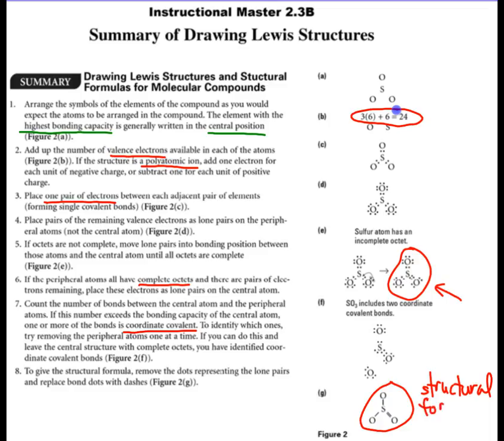So the structural formula is shown here with 4 bonds to the sulfur, giving it 8 electrons. But what's not shown in the structural formula is really what the Lewis structure would show, which is that each of those oxygen atoms has 6 non-bonded electrons, with the exception of this oxygen atom over here, which has 4. And again, if we count the number of electrons, we should get 8 around each atom.